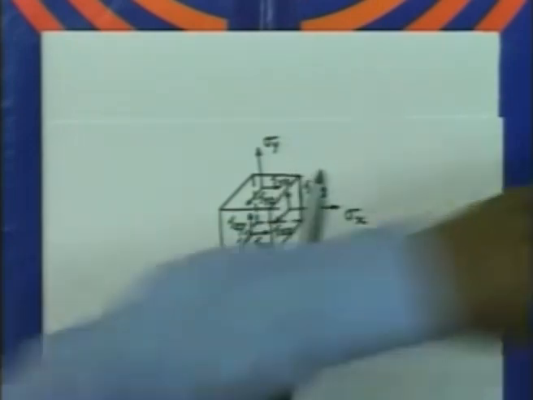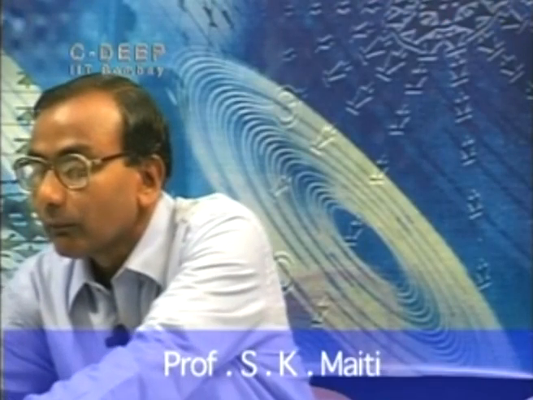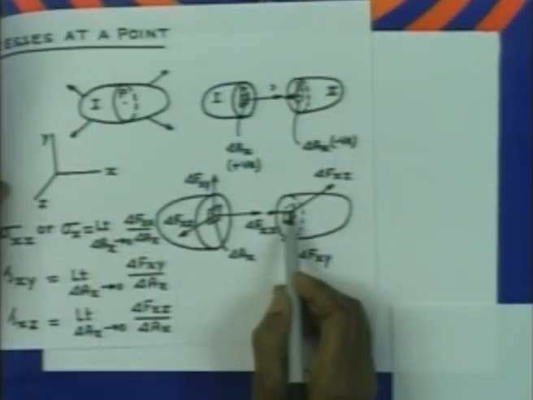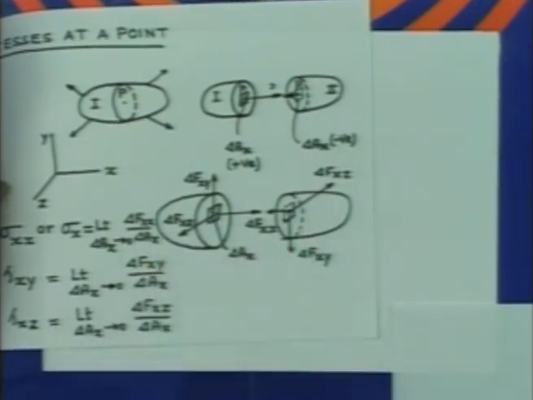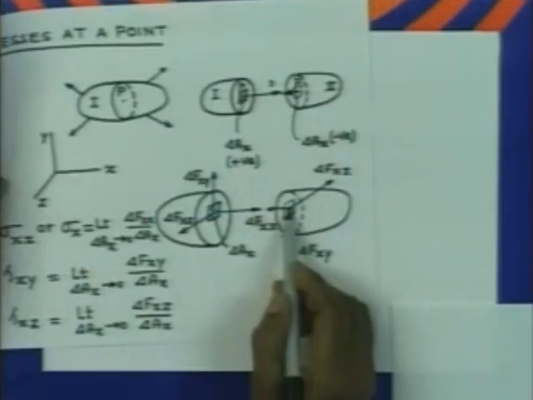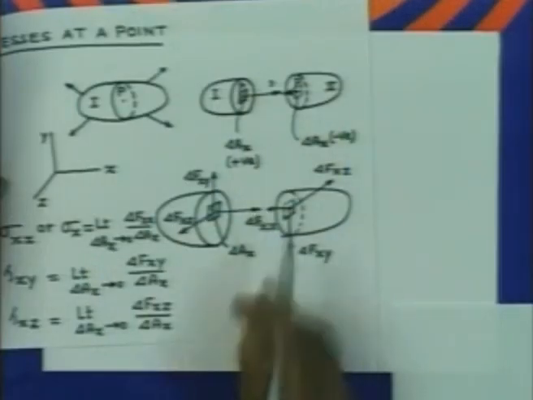I would like you to concentrate again on one diagram which I have shown you earlier, that the stresses on the negative face here are nothing but the mirror reflection of the stresses on this face. So therefore, as the dimension of the body is shrunk to 0, the stresses on the negative face are going to be nothing but mirror reflection of the stresses on the positive faces.